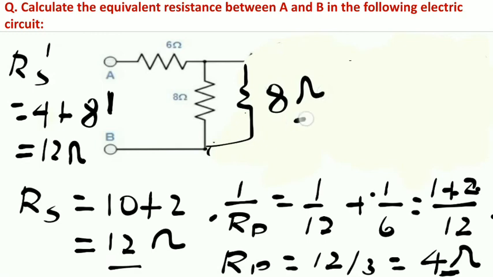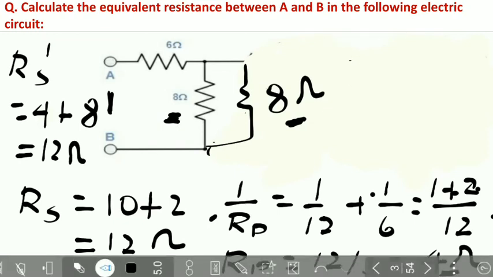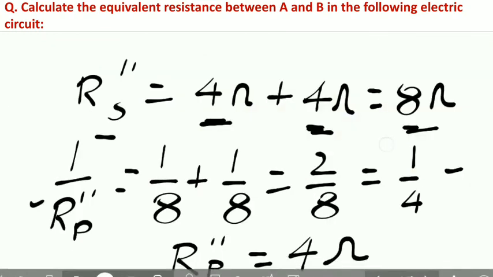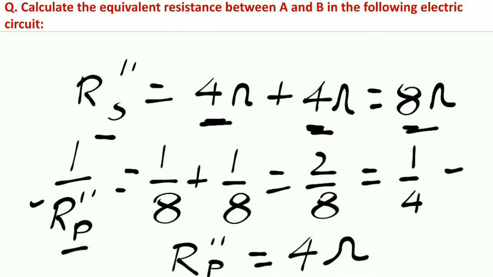Now this 8 ohm and this 8 ohm, these two resistors are in parallel. So the resultant of these two resistors which are in parallel, let us calculate. The resistors 8 ohm and 8 ohm are in parallel. So watch here, we have calculated 8 ohm and 8 ohm which were in parallel. The resultant of them comes 4 ohm.